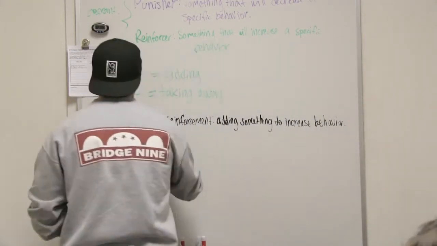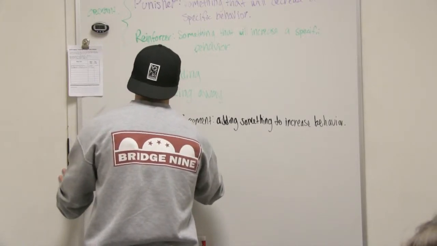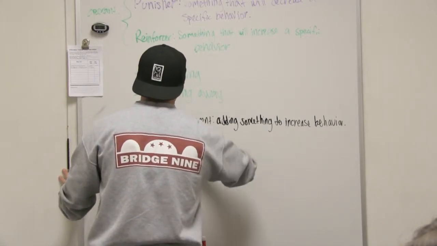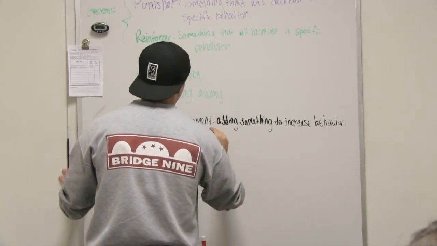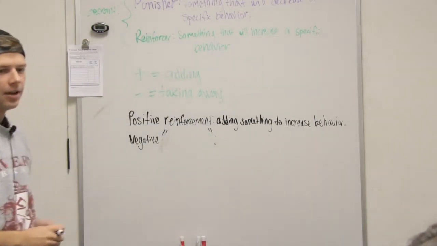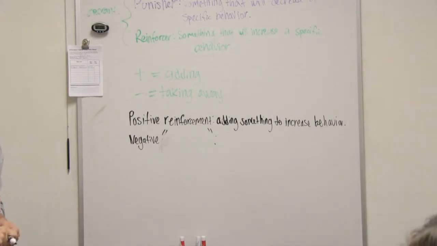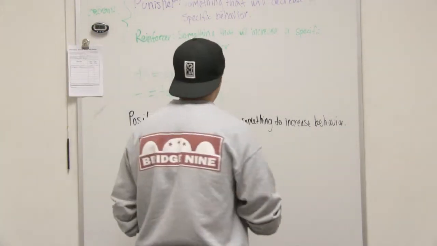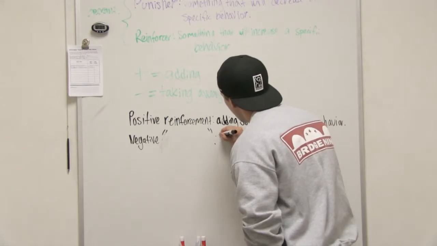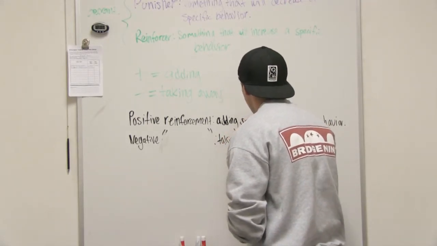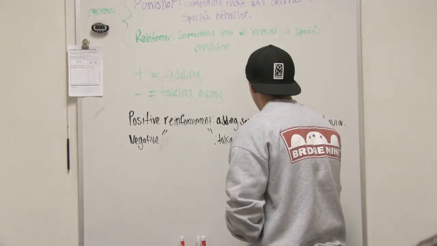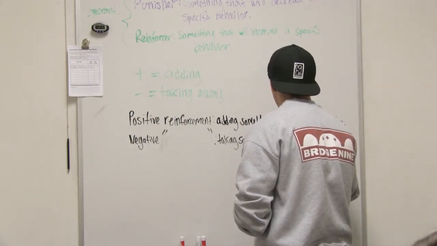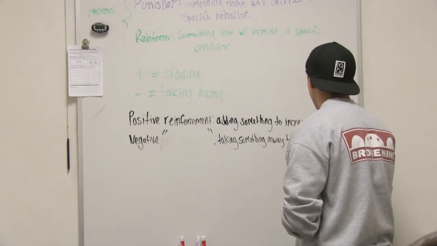Okay, and now if we have a negative reinforcement, what's that? Negative is taking something away, and reinforcement increases behavior. So you're taking something away that's going to increase the behavior. So you're taking away a bad something. Right, well, you can think of it like that. We'll go through and give examples of all of these. So taking something away to increase behavior.